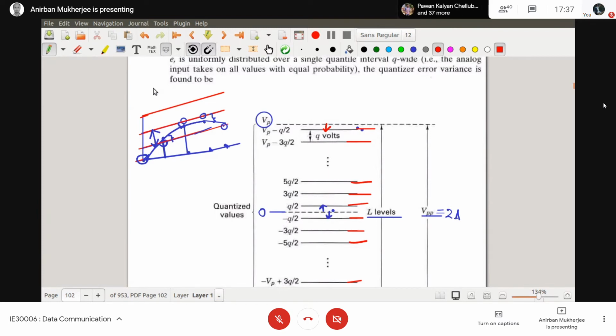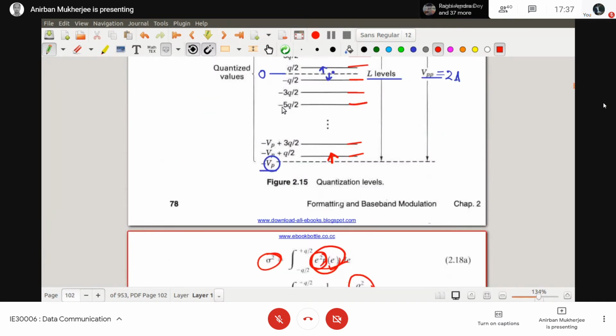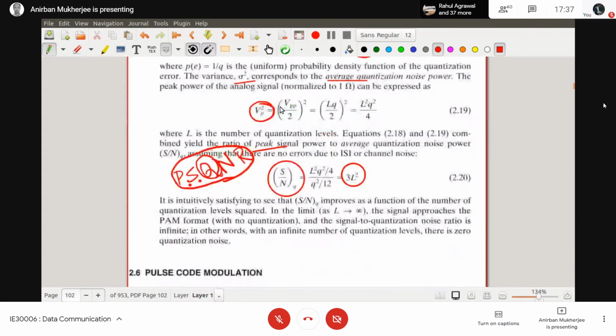If you have L equal to 8, then you need a 3-bit ADC. If L equal to 1024, then it is a 10-bit ADC. A higher resolution ADC means your peak signal to quantization noise ratio will be higher, and your quantization noise power is low.